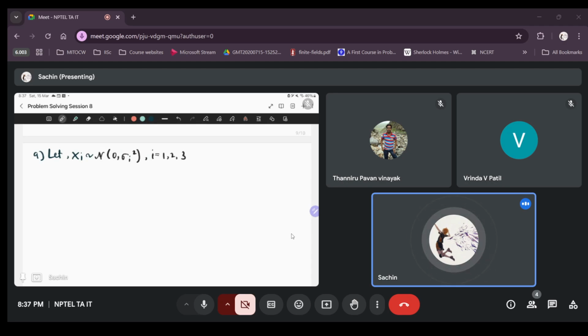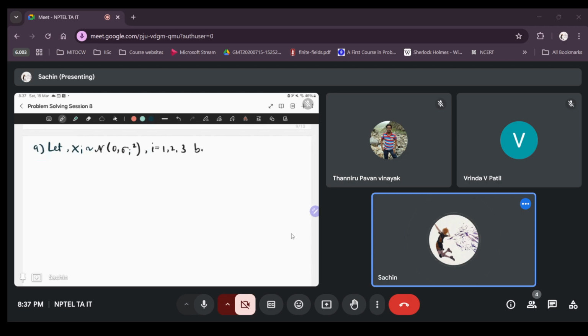So 3 random sources, Gaussian distributed with mean 0, and they're independent Gaussian random variables, and sigma 1 square is 1, sigma 2 square is 2, sigma 3 square is 4.